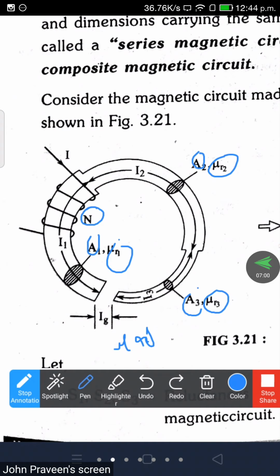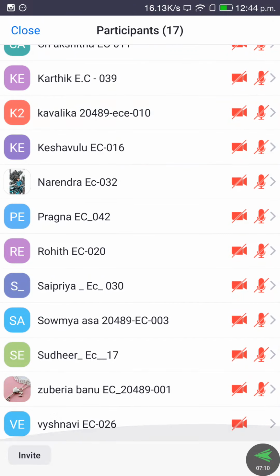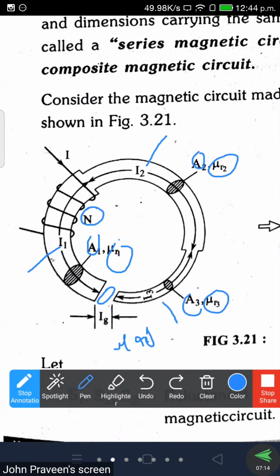Then we take the assumptions as: from the first material the current is I1, from the second material the current is I2, from the third material the current is I3, and from the fourth material, that is the air, the current we assume as Ig. Similarly, the reluctance is also an important concept, because the reluctance will not be constant for each material.